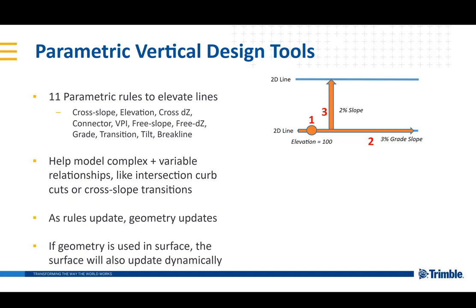So that 2D line now is not only just elevated, it is also sloped at a 2% positive slope away from my first line where I've elevated. And then, hey, at that specific point, give me a 4% slope. And so from that point on, there's a 4% cross slope, but there's a transition now between that 2%, instruction number 3, and the 4%, instruction number 4.